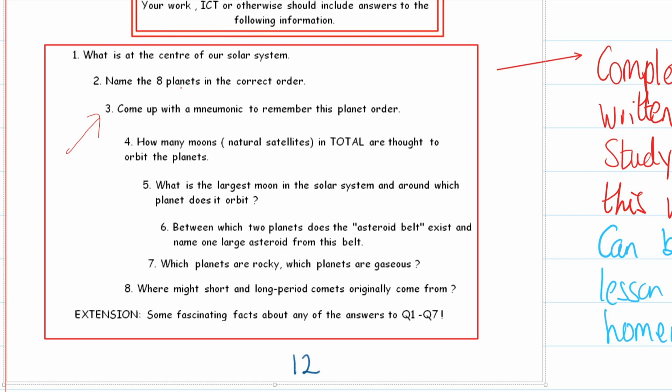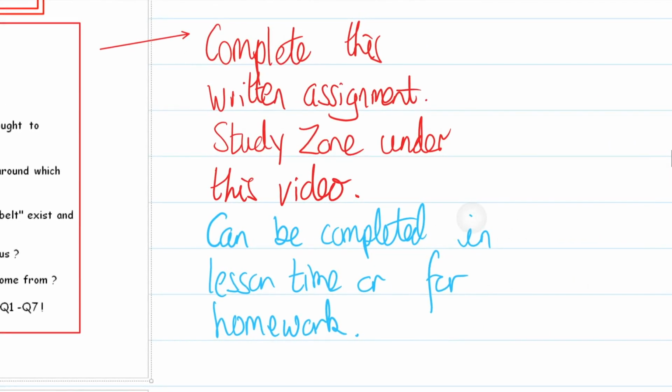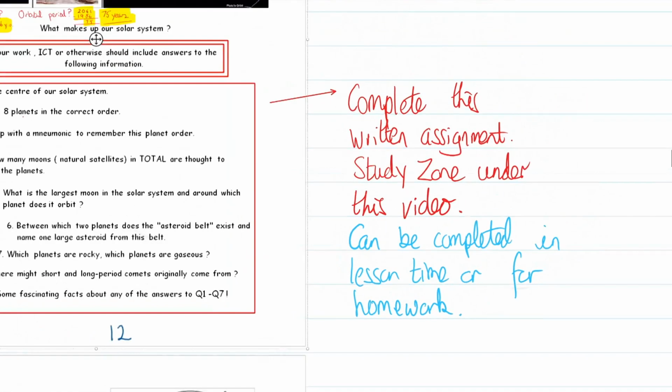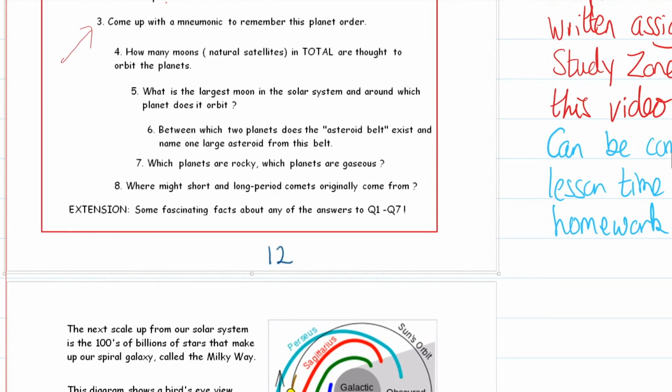The written assessment is answering these 8 questions here and submitting it for grading from your physics teacher. So it just says here, complete the written assignment in Study Zone under this video. It can't be completed in lesson time or for homework. Okay, so I'll make sure you do that. The extension is optional. You can see that here.